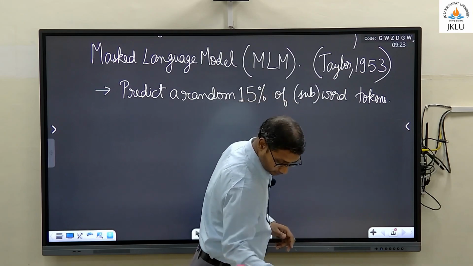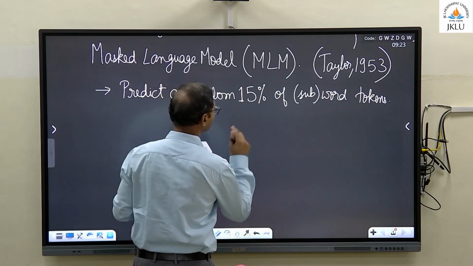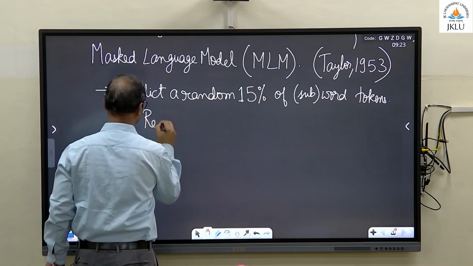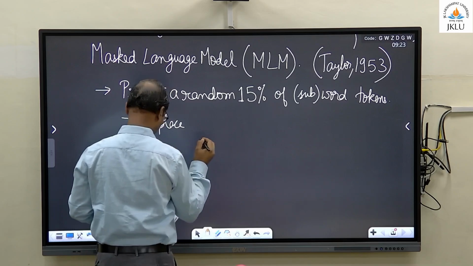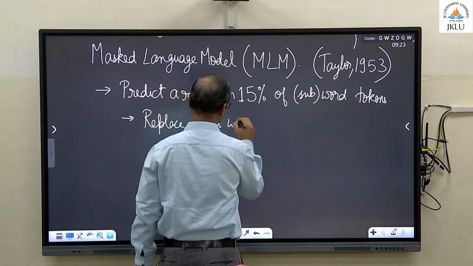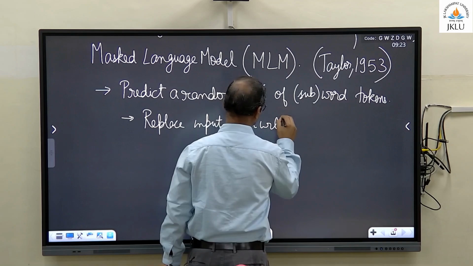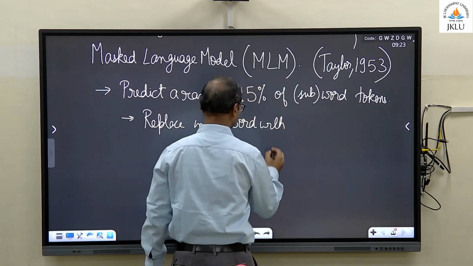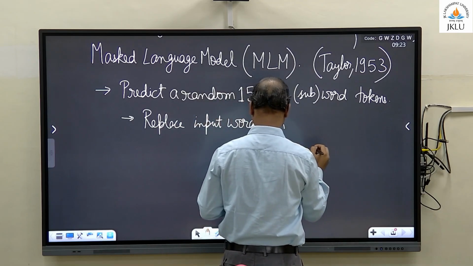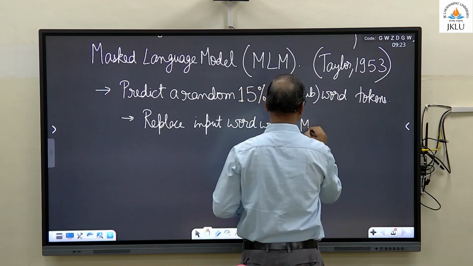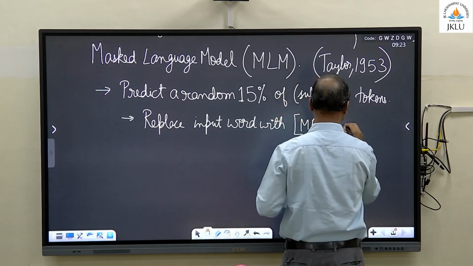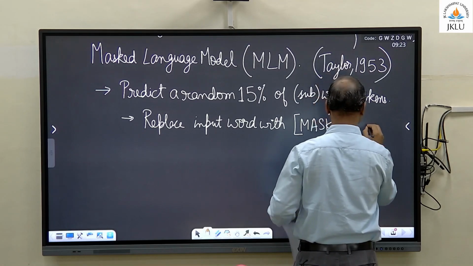So 15% of the subword tokens. Now replace input word with mask 80% of the time.